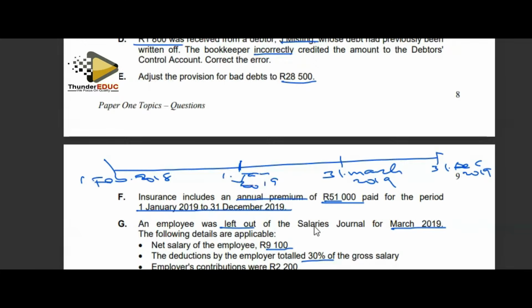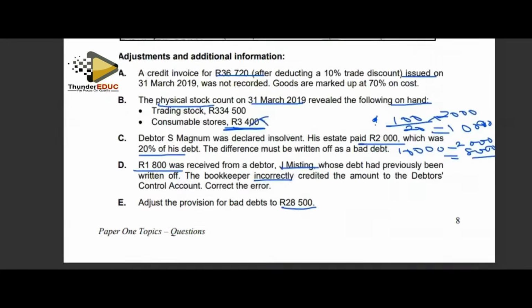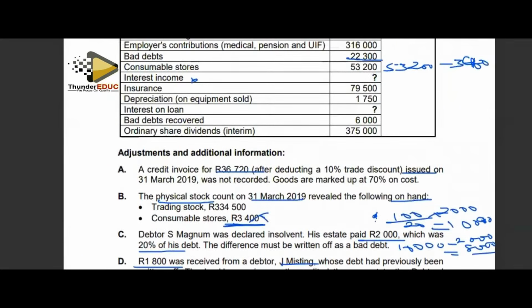Now, we need to split this amount, and what is paid in advance, we have to subtract it off. Remember, this 51,000 is included in the full amount which is given to us in our trial balance as what?